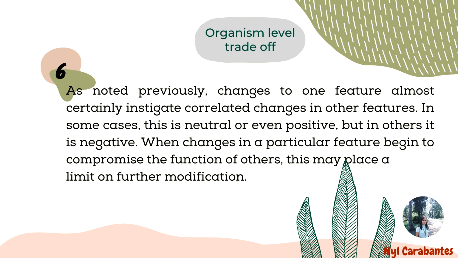Next, organism level trade-offs. Trade-offs are typically described by negative phenotypic or genetic correlations between fitness components among individuals in a population. Changes to one feature almost certainly instigate correlated changes in other features. When changes in a particular feature begin to compromise the function of others, this may place a limit on further modification.